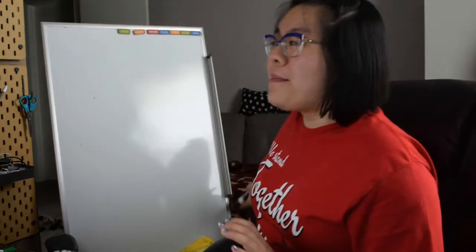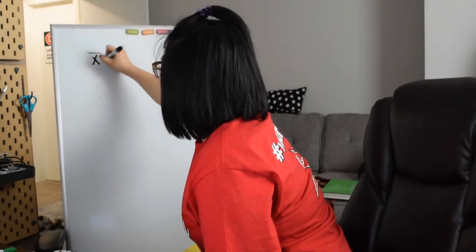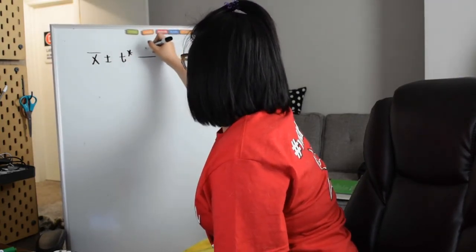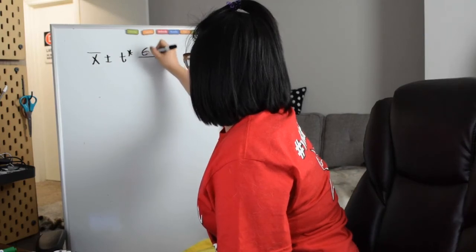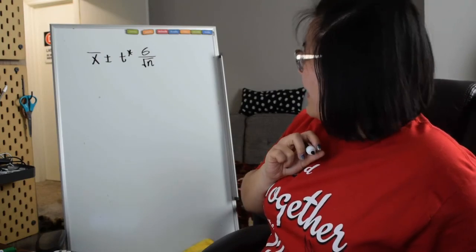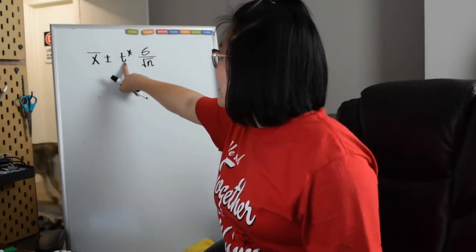Okay, remember when we try to find the confidence interval, our formula is x-bar plus or minus t star times the standard deviation over the square root of n. And over here we use the t star.